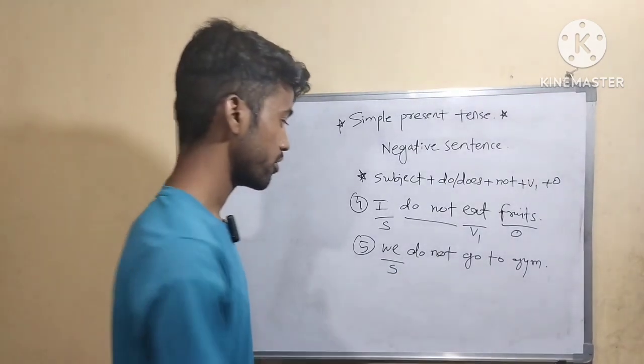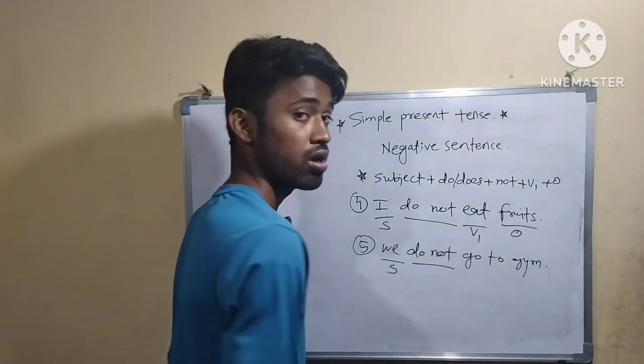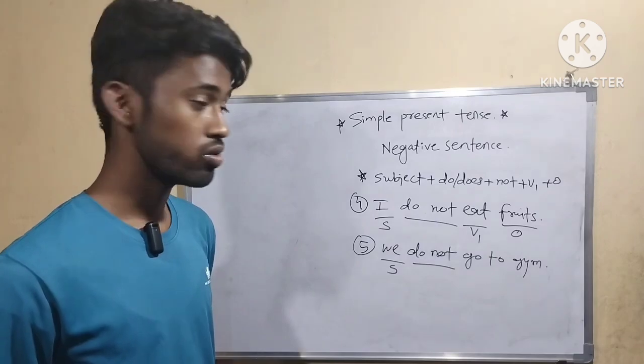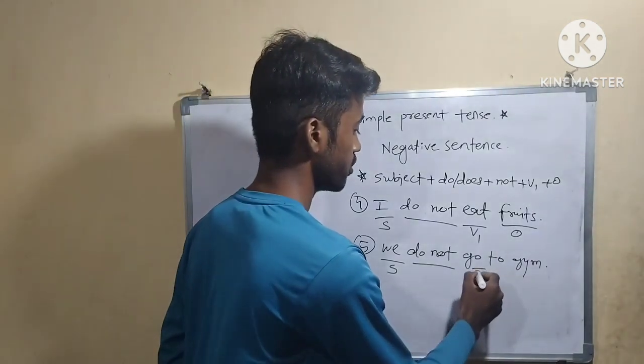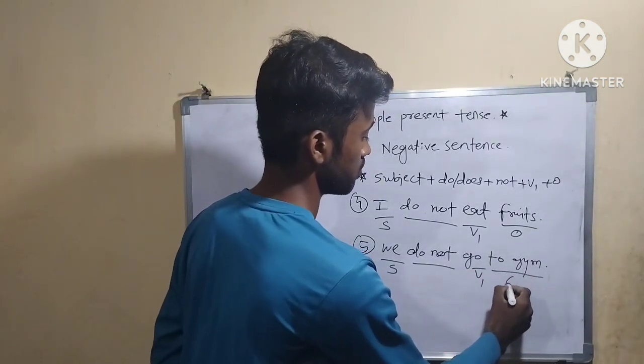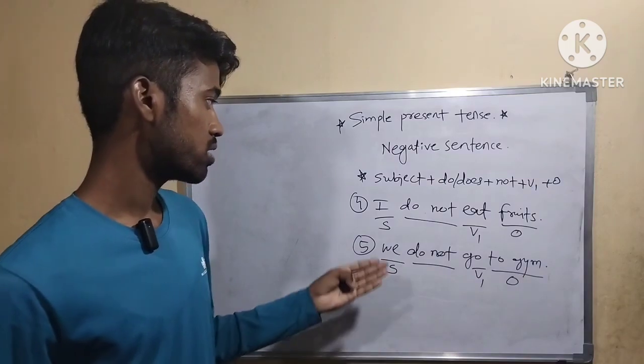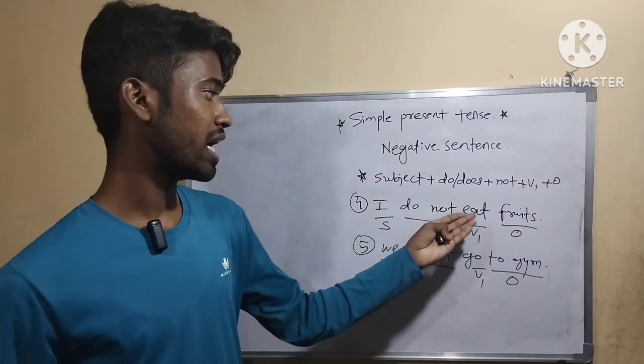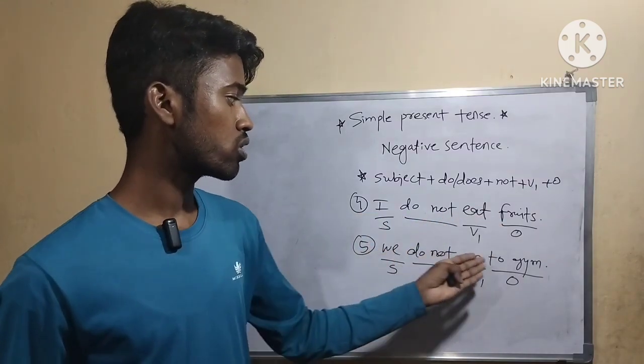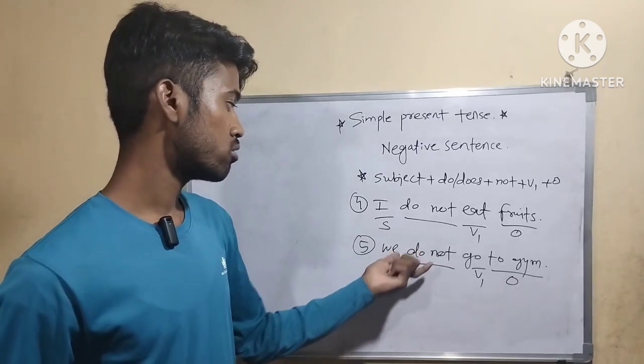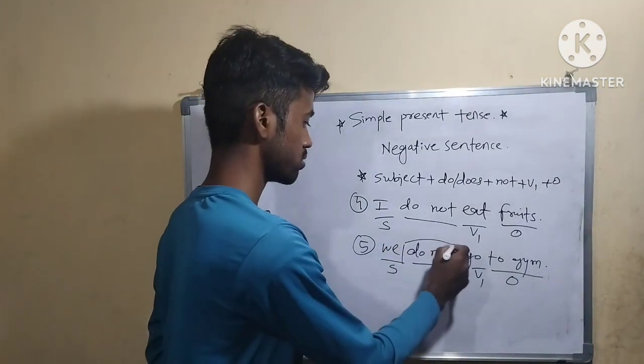The subject is we. After that, do not. So for the negative sentence, I have taken do not here. After that, the first form of verb and the remaining part is the object. So here are the examples: I do not eat fruits. We do not go to gym. In both sentences, I have taken do not.